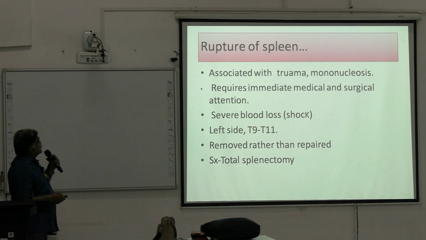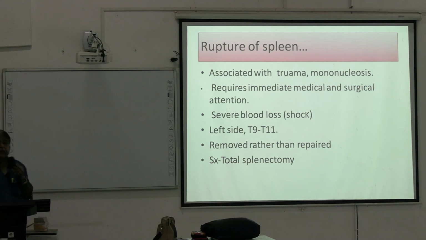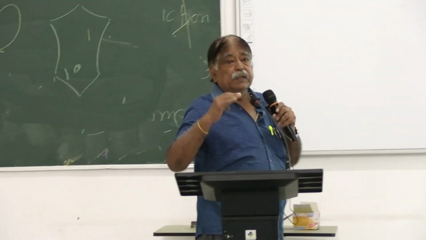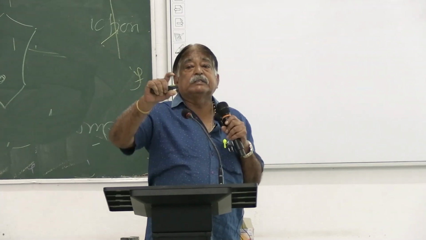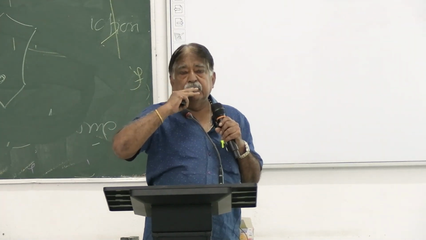Rupture of the spleen associated with trauma, mononucleosis, requires immediate medical and surgical attention. Severe blood loss in splenomegaly, left side T9 to T11, removed rather than repaired, total splenectomy. You do a total splenectomy, and if you see in USG, you will see splenomegaly, hepatomegaly, so how much it is increased in size.